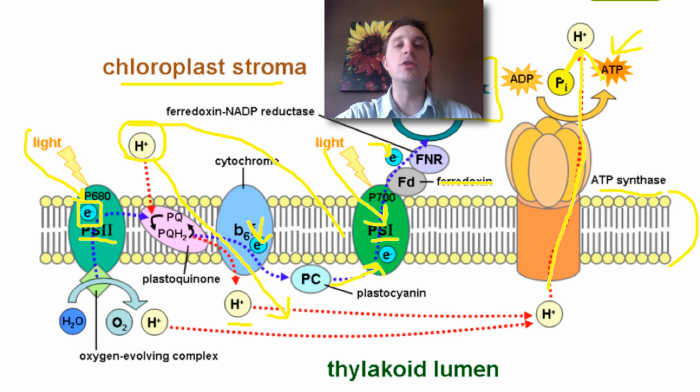And that diffusion is, of course, going down the concentration gradient. It's going from high concentration in here to low concentration out here. As it travels down the gradient, it releases the energy that was used to create that gradient. And ATP synthase is able to capture that energy that's being released and use it to create ATP.